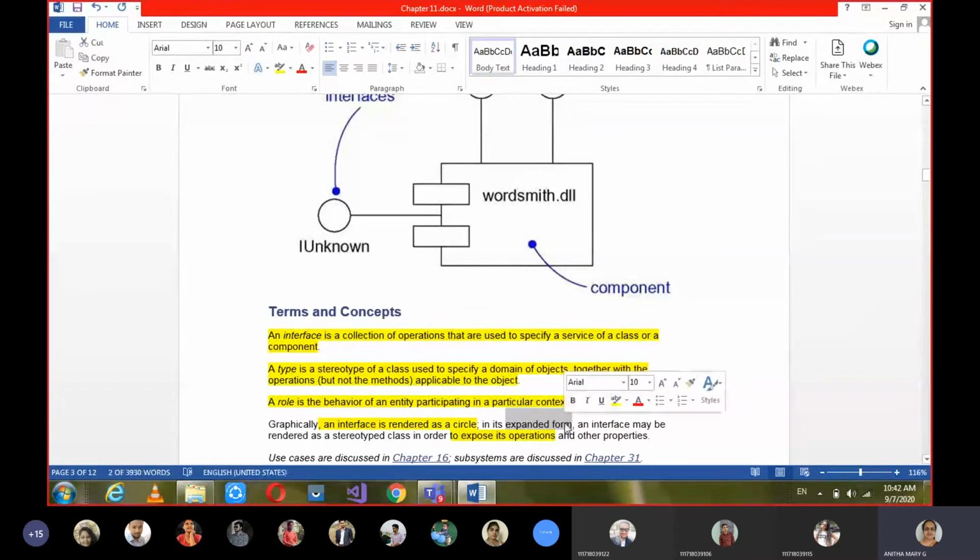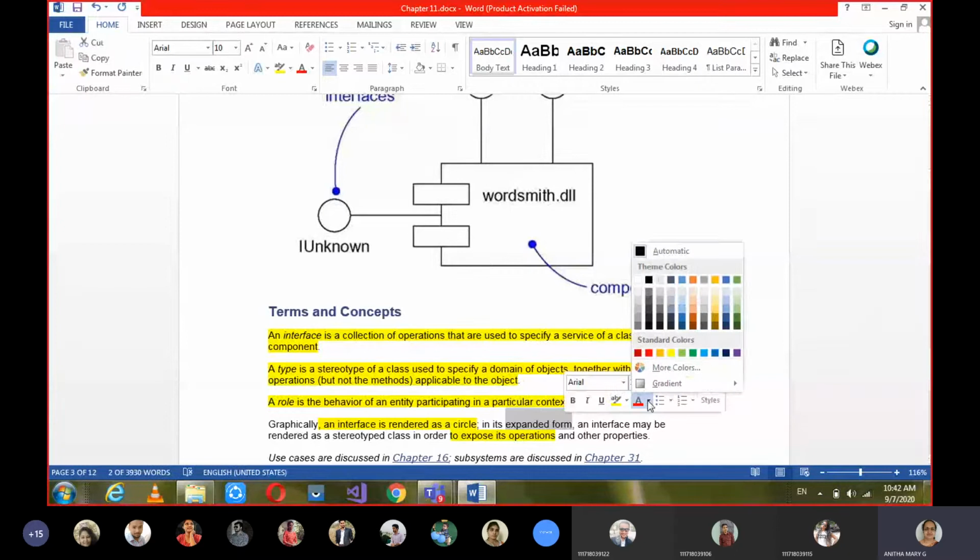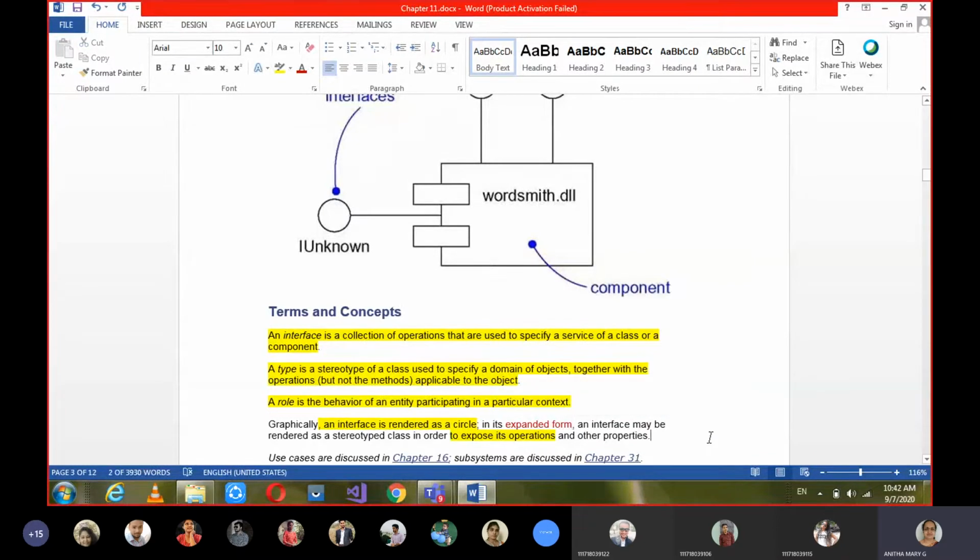When an interface has to show all its operations in the graphical representation, then we go to the expanded form of an interface by giving the stereotype as interface, just like a class. Where we specify class operations, there we can give the interface methods or interface services it is providing. So these are the terms.